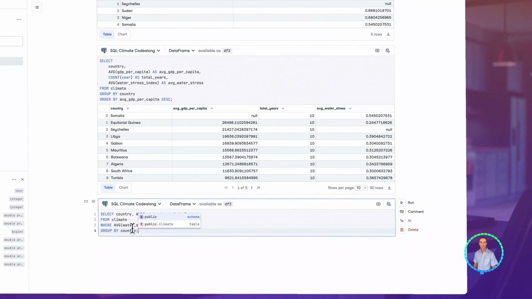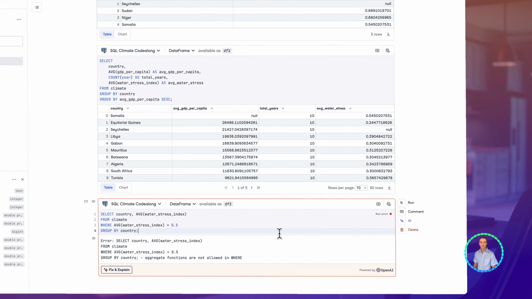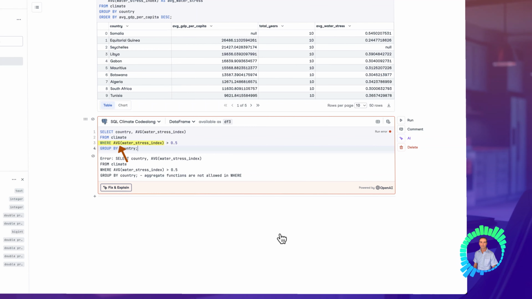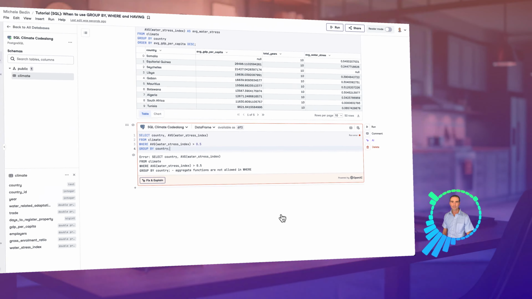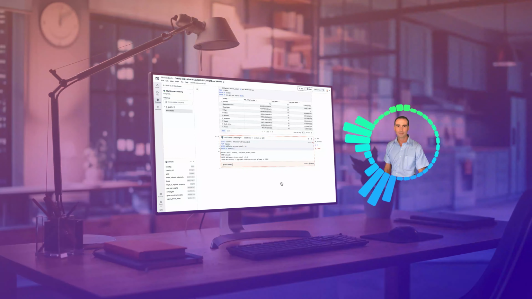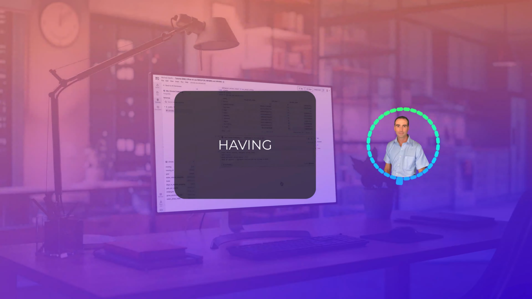As you can see, this query returns an error. The error is due to the inability to pass aggregate functions in the where clause. This is because in the SQL clause execution order, where is processed before the aggregation, thus making it impossible to use at this stage. But do not worry, there is a way around this limitation, and it is called having.